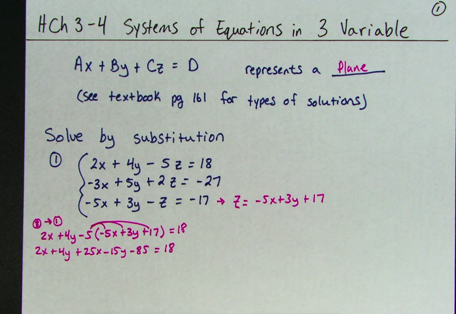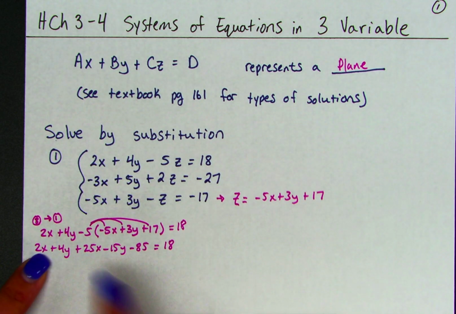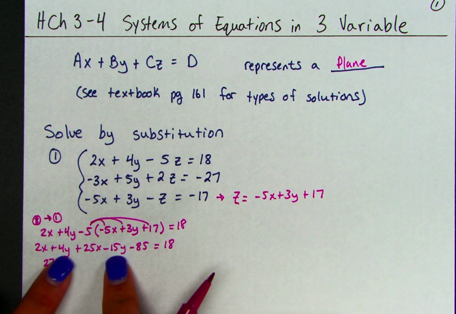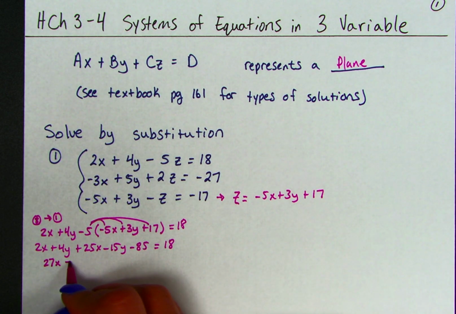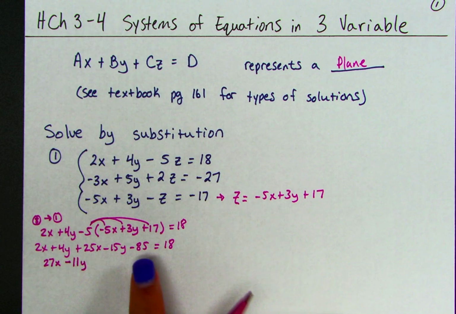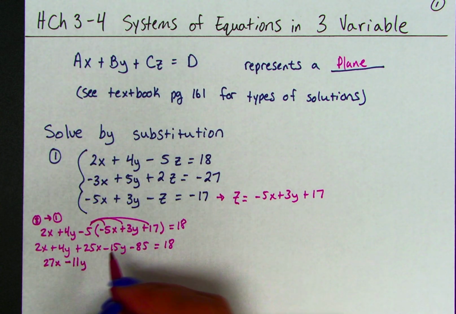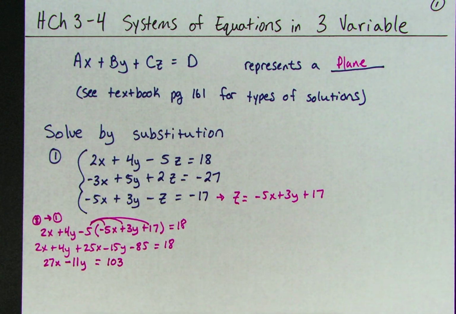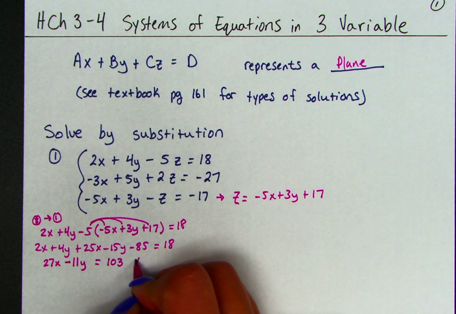All right, so what I'm going to do is combine my like terms. So I'm going to combine the x's, so that will be 27x. I'm going to combine the y's, so negative 11y. And at the same time, I'm going to add the 85 over. So this is going to be 103. If it helps you, we can put a little star by this one because we're going to come back to it.